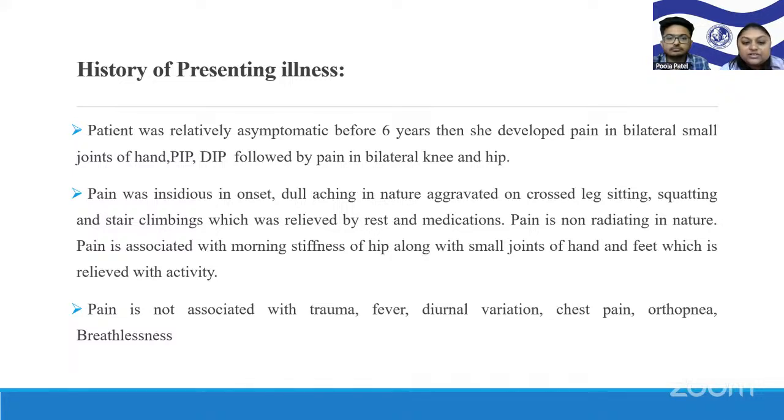The pain was insidious in onset, dull aching in nature, aggravated on cross-leg sitting, squatting, and stair climbing, and relieved by rest and medication. The pain is non-radiating, associated with morning stiffness of the hip along with small joints of hands and feet, and relieved with activity. The pain is not associated with trauma, fever, diurnal variation, chest pain, orthopnea, or breathlessness.